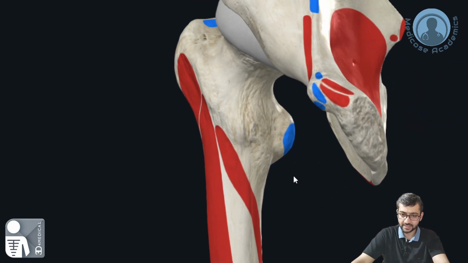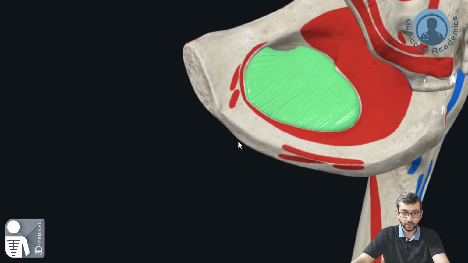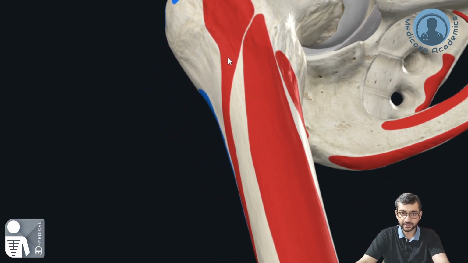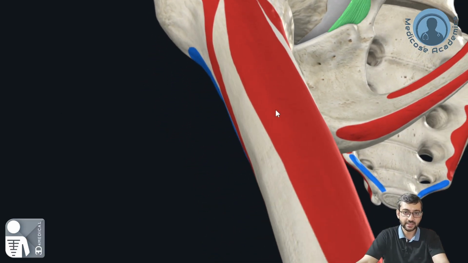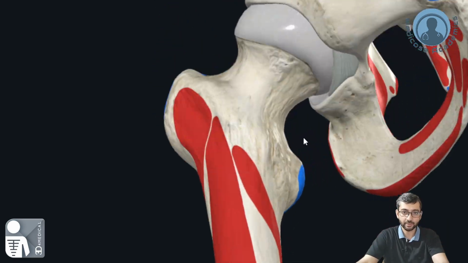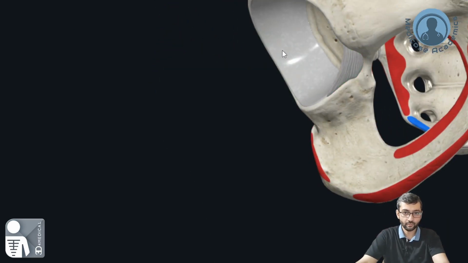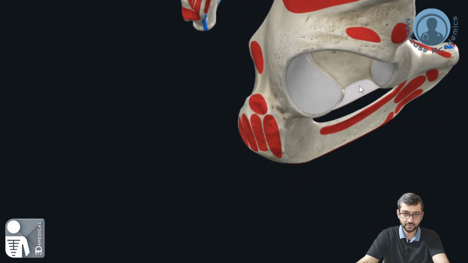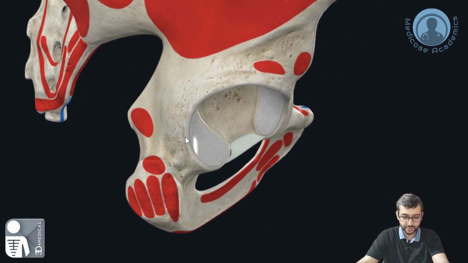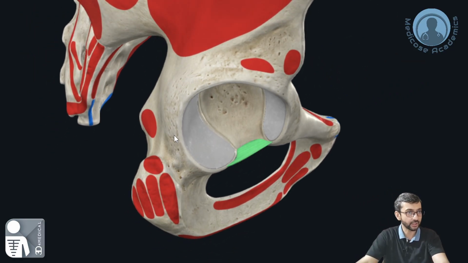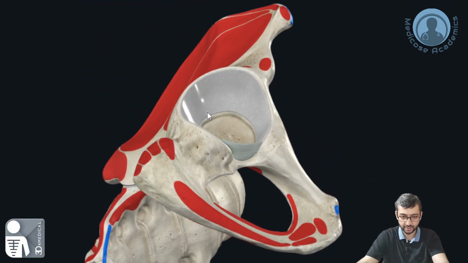Obturator membrane, we will discuss that in the pubic bone also, encircling the whole of the obturator foramen, getting attached all the way. And then we are left with this ligament. This is the transverse acetabular ligament, and this is the one that is going to bridge the notch of the acetabular articular surface.